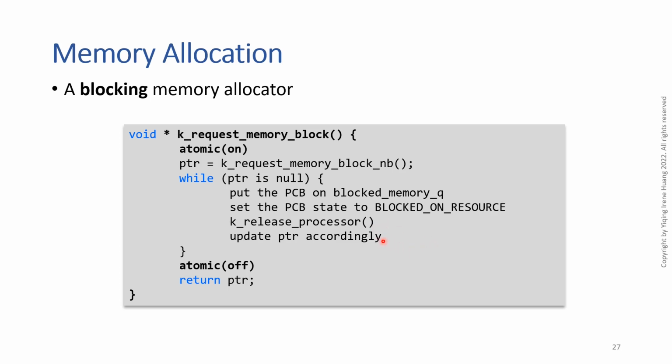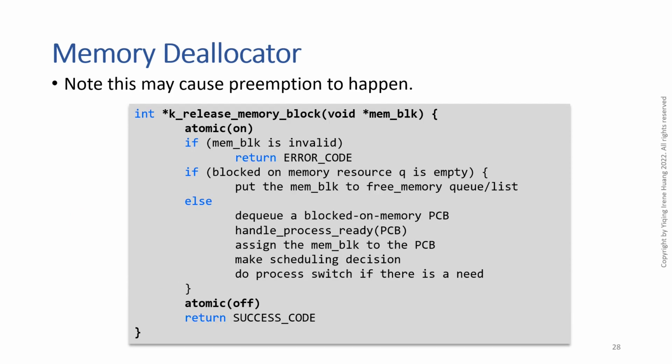When it is resumed, it will get a memory block, so a valid memory block. Then we update the memory block pointer, and then we exit from the loop because it's no longer null, and then we're done with the request memory block. To unblock a process that is blocked on memory, another process needs to release a memory block.